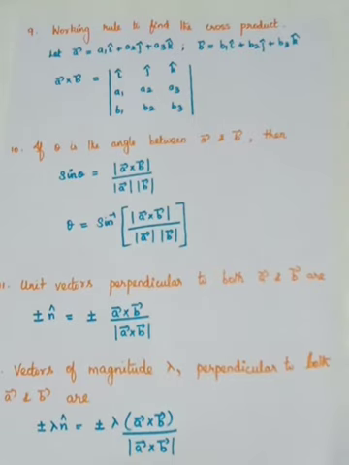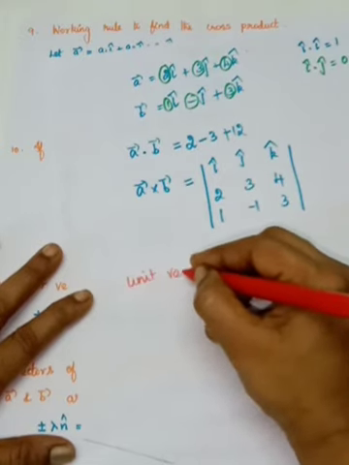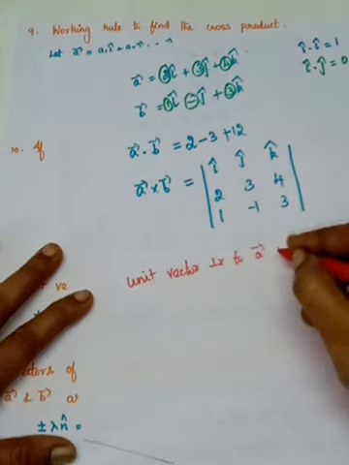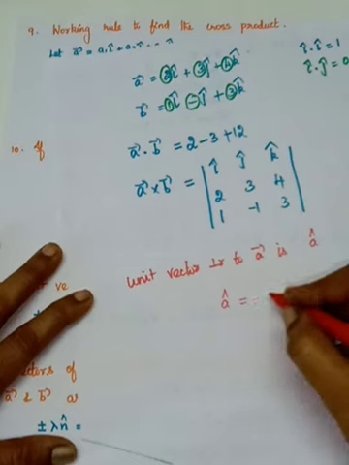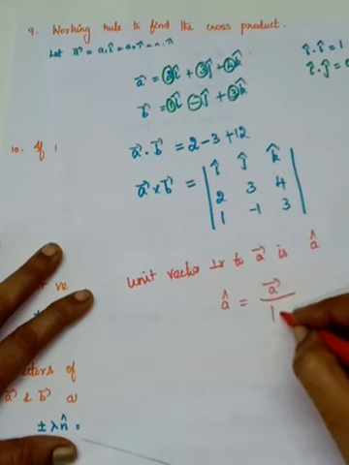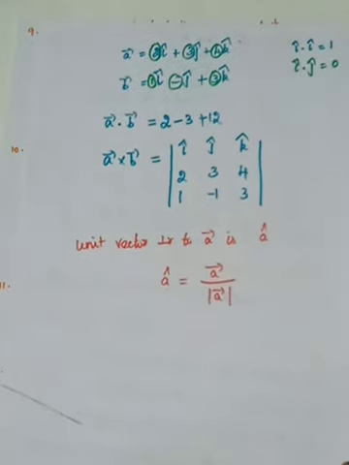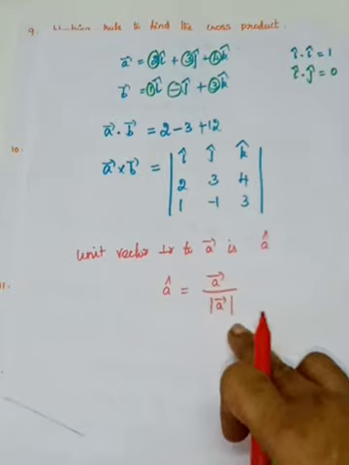Now, if you want to find the unit vector of a vector, it is a cap, and the formula is a vector by modulus of a vector. If you want the unit vector of one vector, it is a cap, that is a vector by modulus of a vector.